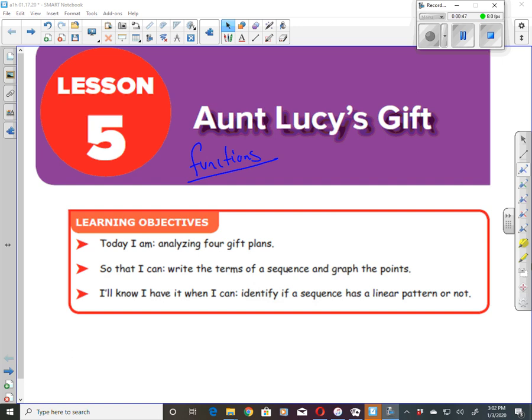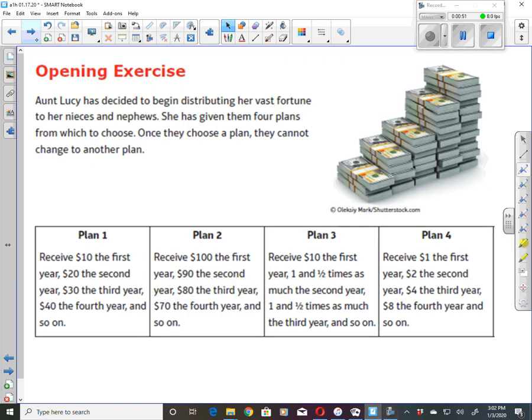implies. So our opening exercise asks you to take a few minutes and decide which plan is the best plan. There are 4 plans here. One says Aunt Lucy has decided to begin distributing her vast fortune to her nieces and nephews.